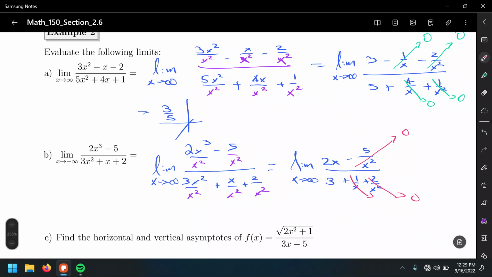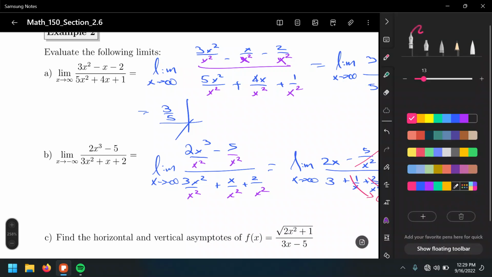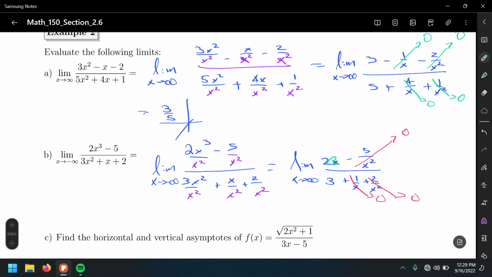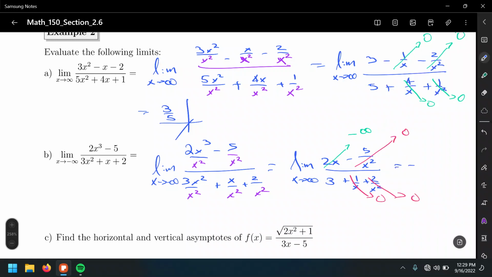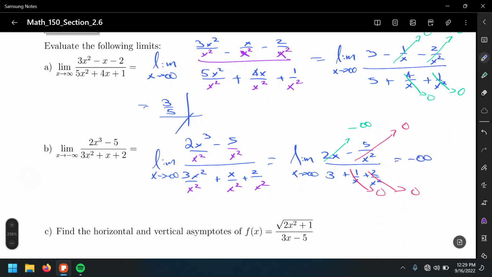What about this one? 0. Now check this one out. I'm going to use a different color for this one. Where is this one going to go? Negative infinity. So this is going to blow the whole thing up to negative infinity.